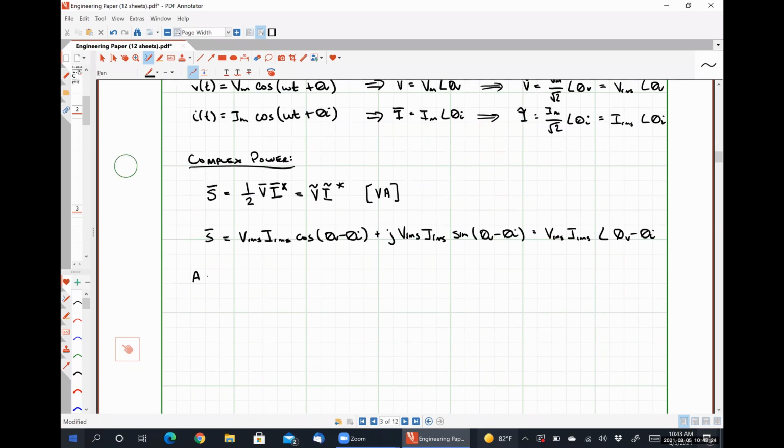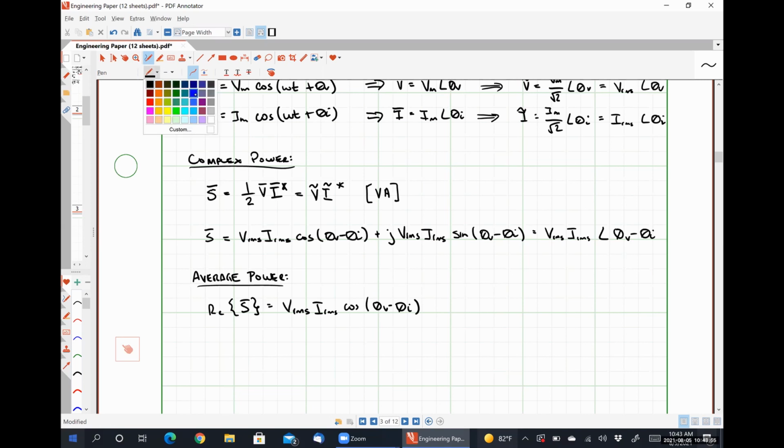Average power is simply the real portion of our complex power, given by V RMS I RMS cosine(theta V minus theta I), which we know to also be 1/2 Vm Im cosine(theta V minus theta I).